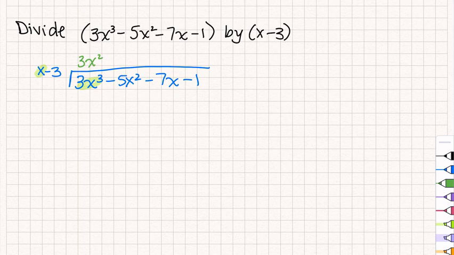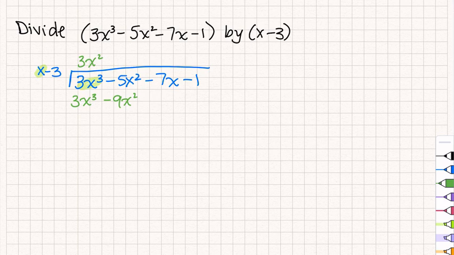Now we're going to take 3x squared, multiply it by x minus 3, and write our answer at the bottom. When we multiply by x minus 3, we get 3x cubed minus 9x squared. Okay, so divide, multiply.